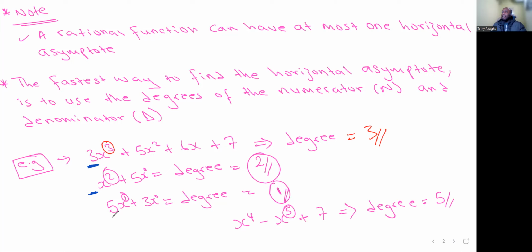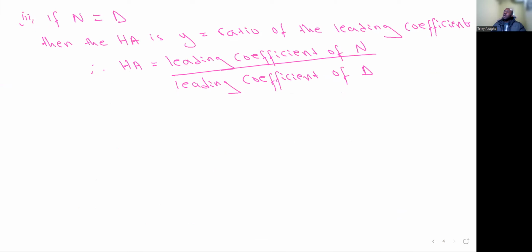In this case, it is 5. In this case, it is -1. So we're talking about the number in front of the x that has the highest degree. What we are saying is that you divide the leading coefficient of the numerator by the leading coefficient of the denominator.